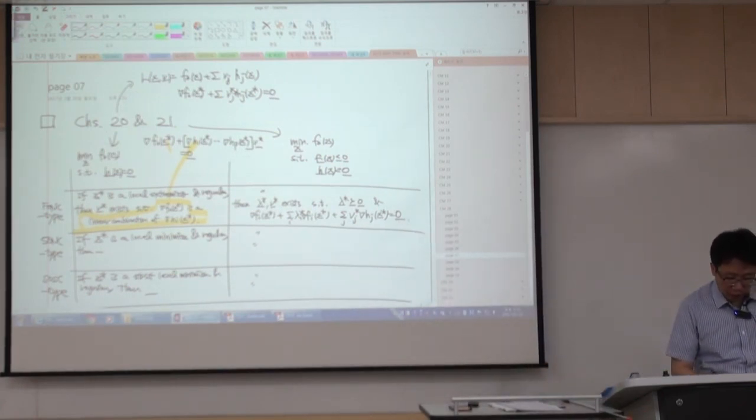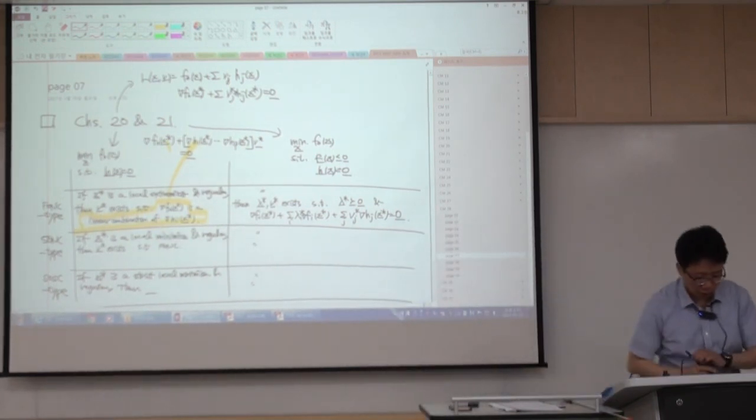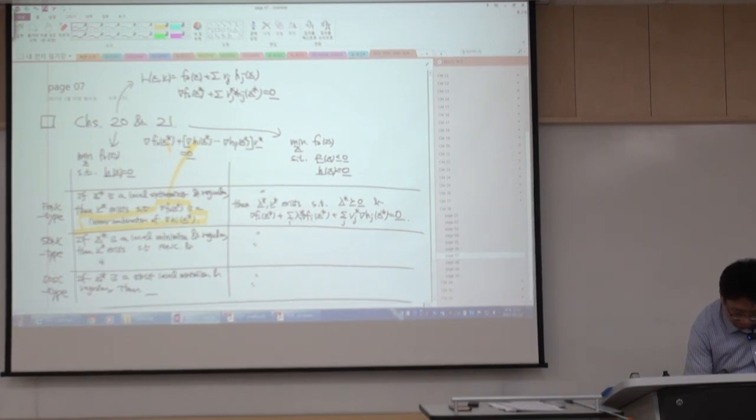Now, for the second part, the story is like this. There exists nu star such that the FONC, these conditions, holds, and additionally, y transpose Hessian of L at x star, nu star, y is greater than or equal to 0 for y in some subspace called the tangent space at x star.